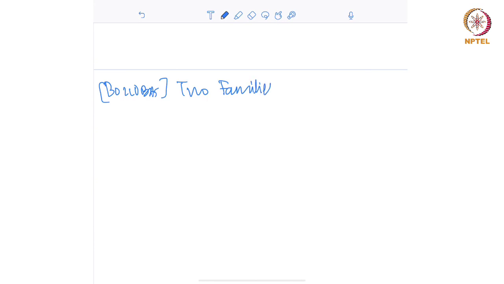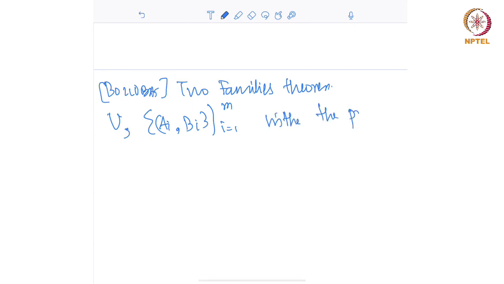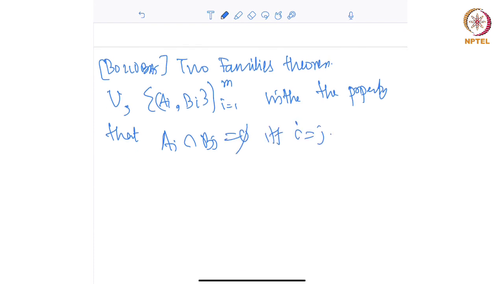So what is given to us? We are given a universe, and pairs of sets AI, Bi, for 1 to some M sets, with the property that AI intersection Bj equals phi if and only if I equals j.